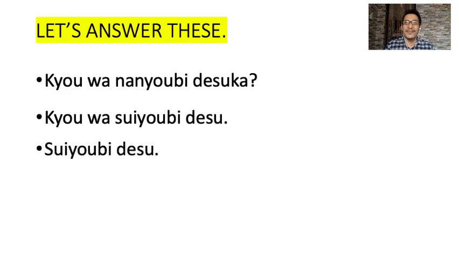Another answer is 水曜日です. So there are two ways of answering the question. You can go with the long version, with the complete sentence, 今日は水曜日です, or you can go with a shorter version, 水曜日です. Actually, in Japanese, especially in casual conversation, sometimes they drop the subject. That is so because if you already know what you are talking about, it's unnecessary to keep on repeating it.